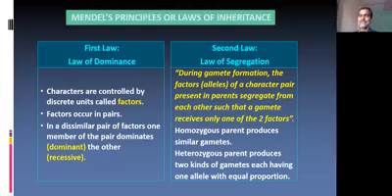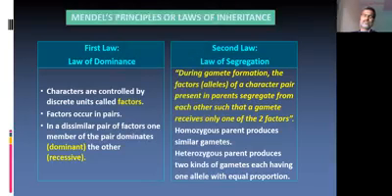So homozygous parents always produce similar type of gametes, whereas heterozygous parents produce two kinds of gametes, each having one allele, in equal proportions. This is law of segregation.